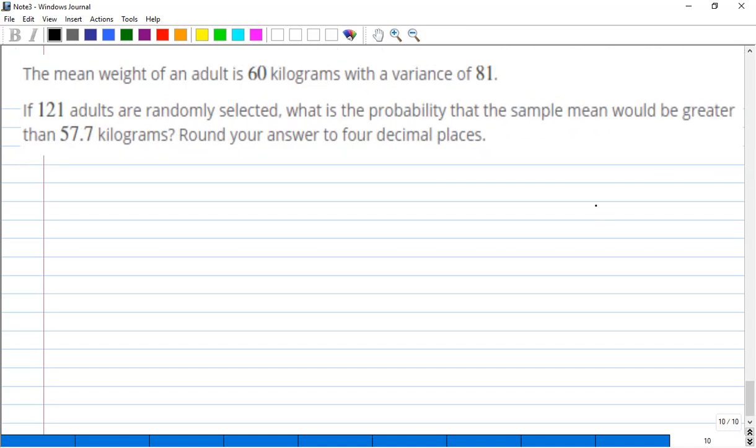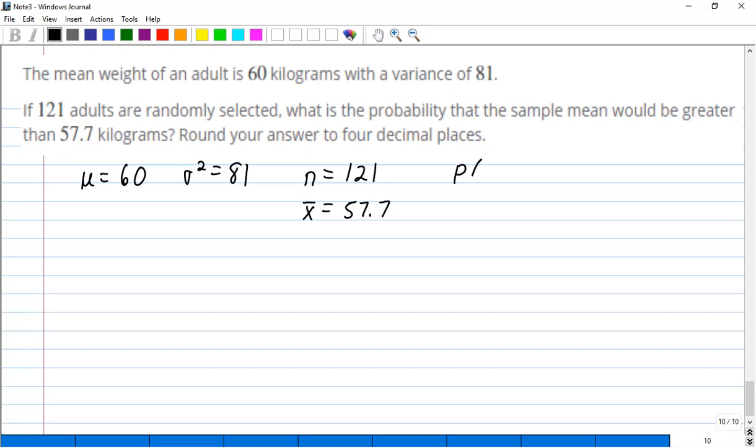All right, the mean weight of an adult is 60 kilograms with a variance of 81. So, mean 60 kilograms. Variance is 81. If 121 adults are randomly selected, what is the probability that the sample mean would be greater than 57.7?